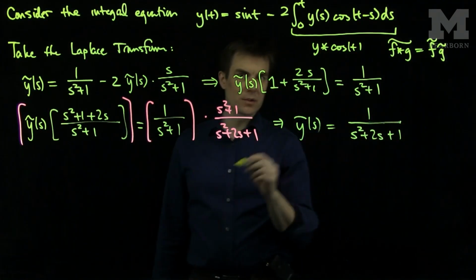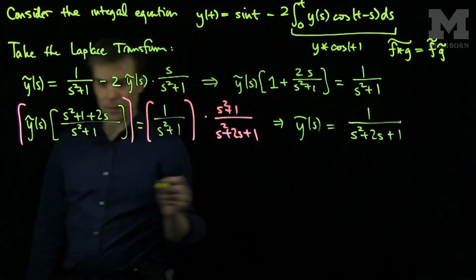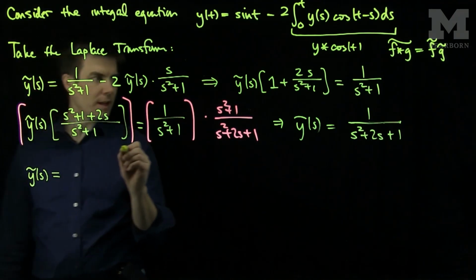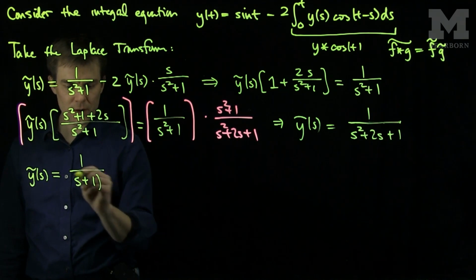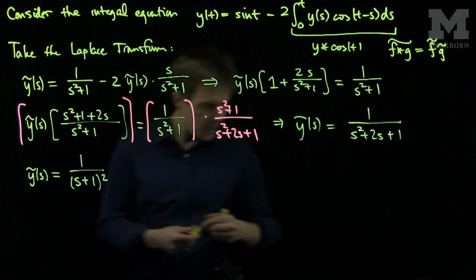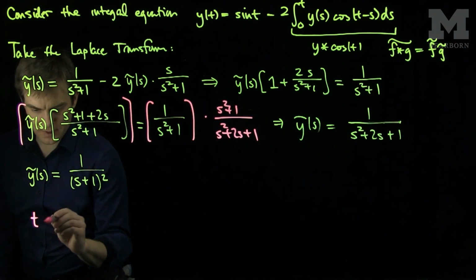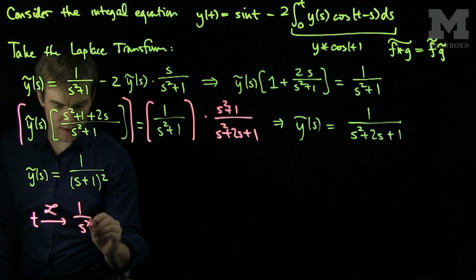And then we'll have to find the inverse Laplace transform of this. We can notice, however, that this expression over here is a perfect square. So this tells me that y tilde of s is equal to 1 over s plus 1 quantity squared. And we can now recall that the Laplace transform of t is 1 over s squared.